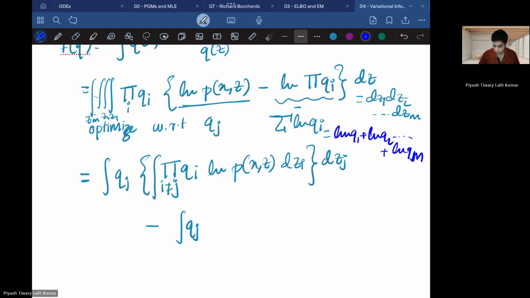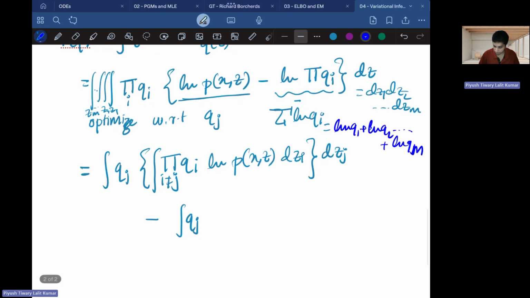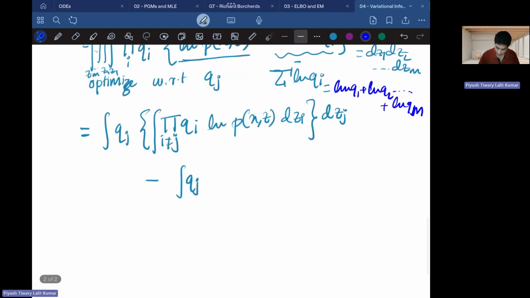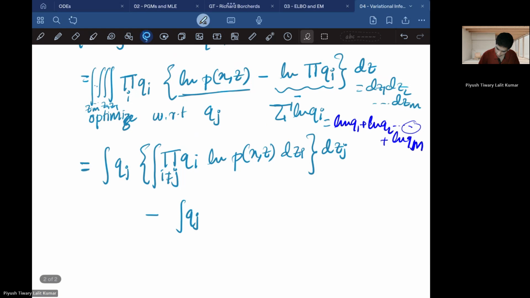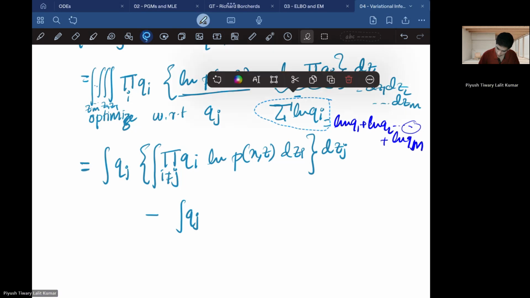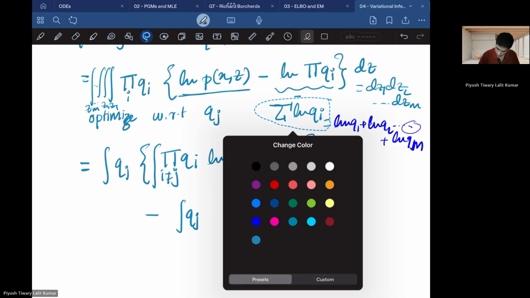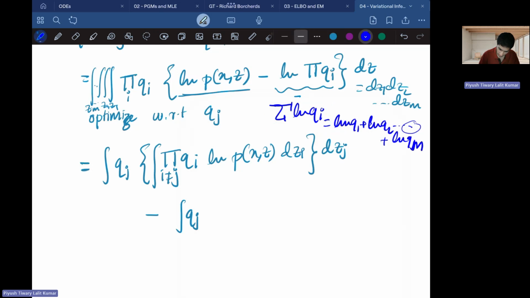So what I will do is take out the jth summand in this term and write that down. I'll make this so that it's clear what is derivation and what is not.